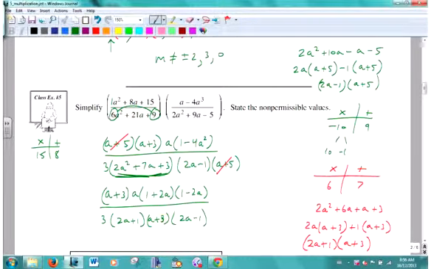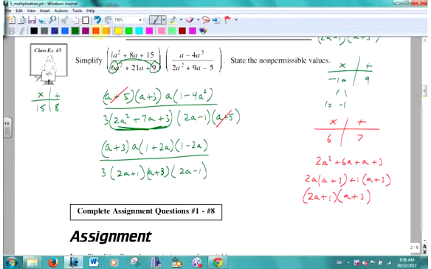Anything else cancel? That does. 2a plus 1, 1 plus 2a, are those the same? Yeah. Right? 1 minus 2a, 2a minus 1, are those the same?